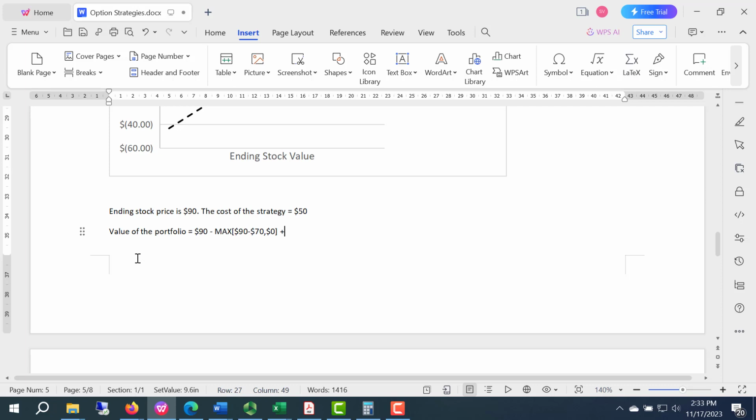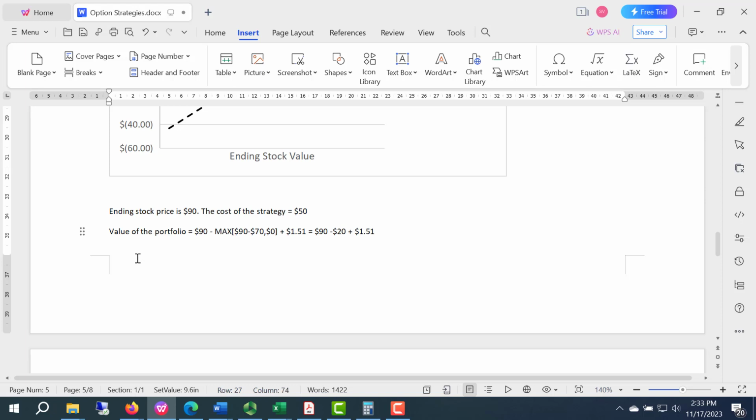And then what we're going to add to that is the cash we have from selling that option. So in this case, it's going to be $90 minus $20, plus $1.51.